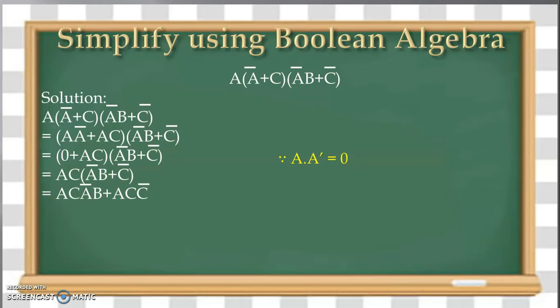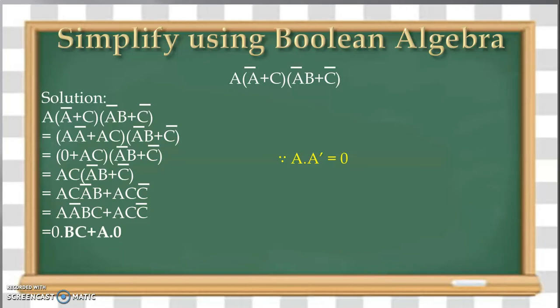If we rearrange the terms, then we can write as A bar BC and A C C bar. Now again A dot A bar, we know that it is 0. Same way C dot C bar is also equal to 0. So we can write as 0 dot BC plus A dot 0.